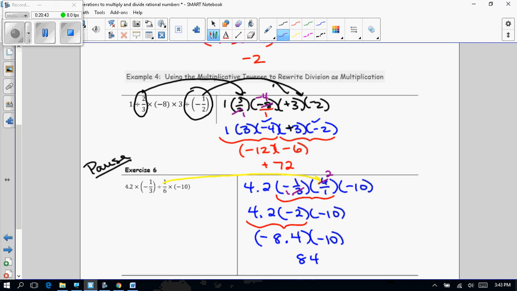I can cross reduce that. And so I end up with 4.2 times negative 2 times negative 10. I put the 4.2 and the 2 together because multiplying by 2 is very easy. So that becomes negative 8.4. Multiplying by 10 just moves your decimal point over one time. Negative times a negative is a positive. Positive 84. All right, there you go.